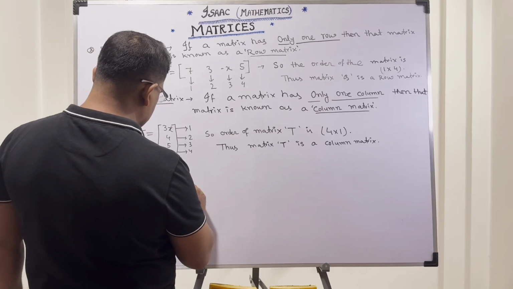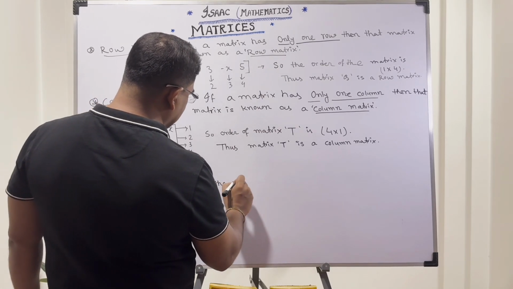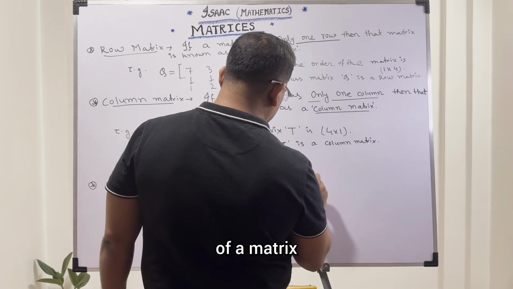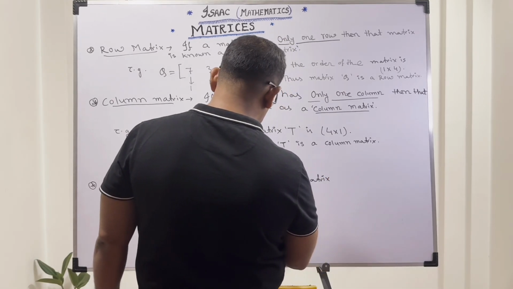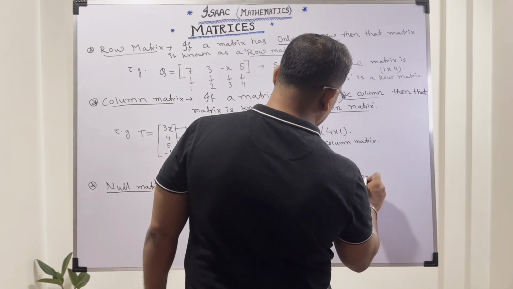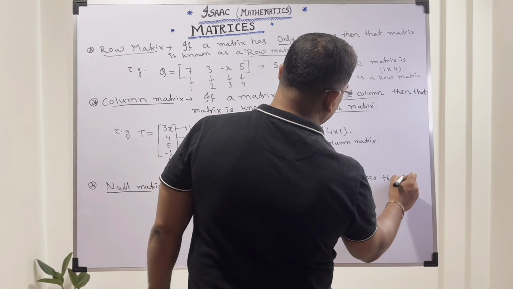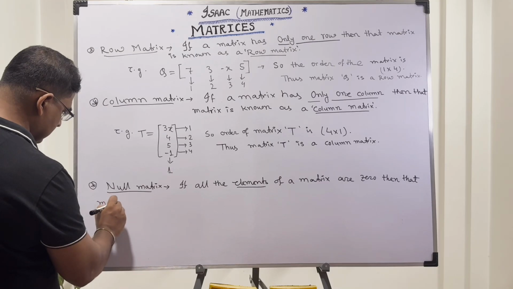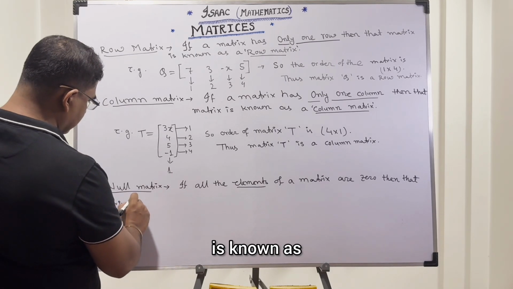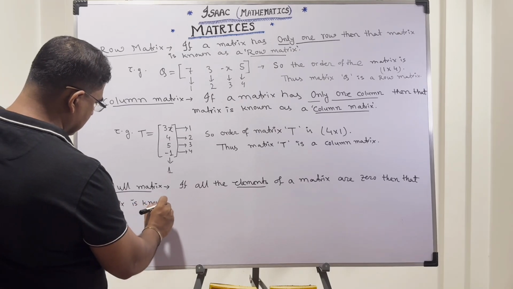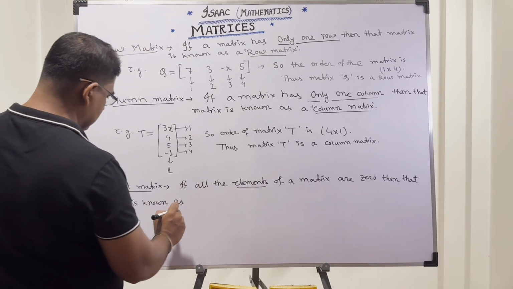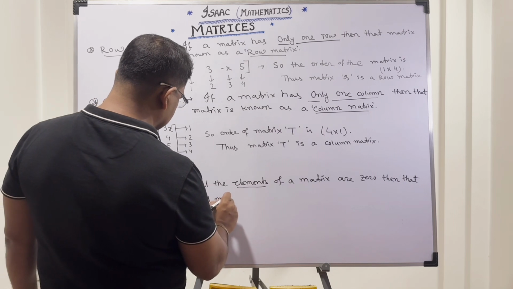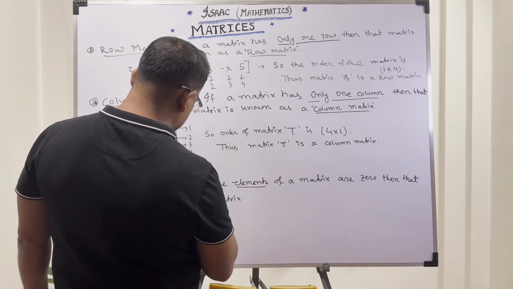Null matrix. If all the elements of a matrix are 0, then that matrix is known as null matrix. Okay.